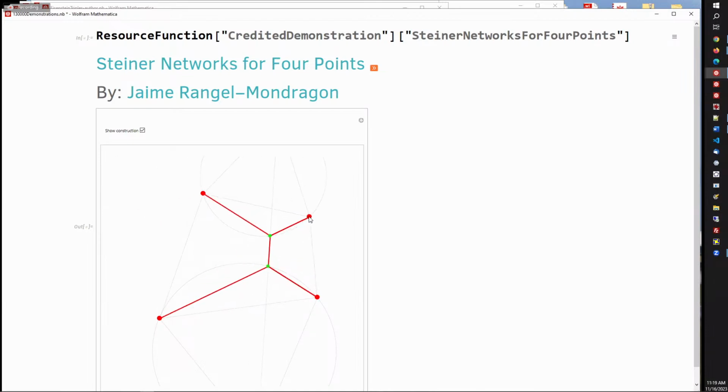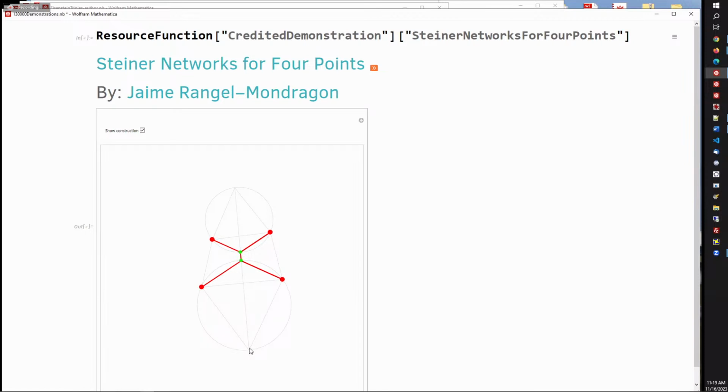And for 4 points, you start by, let me remember, right, you take the 2 largest lengths that are opposite each other, and build equilateral triangles on each of those segments.